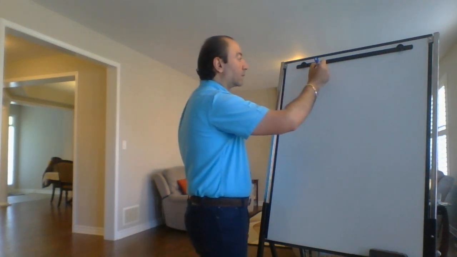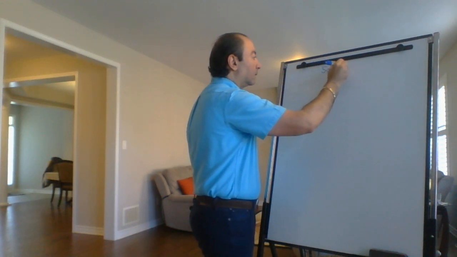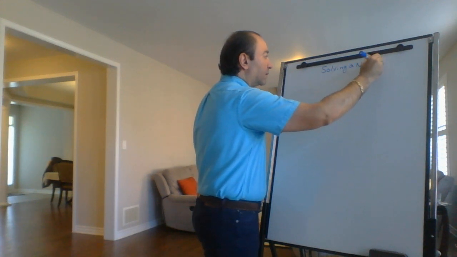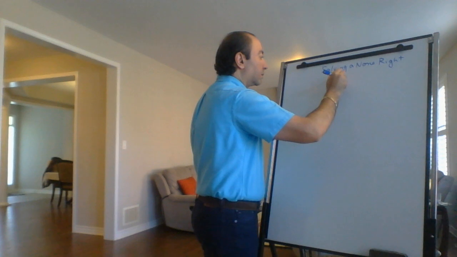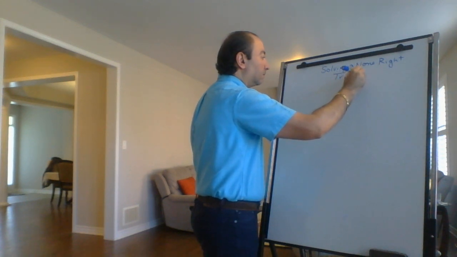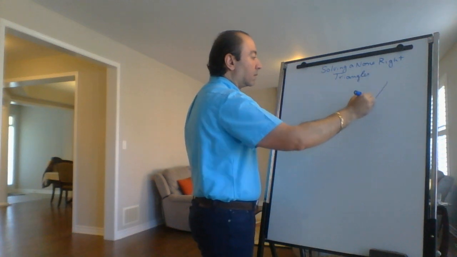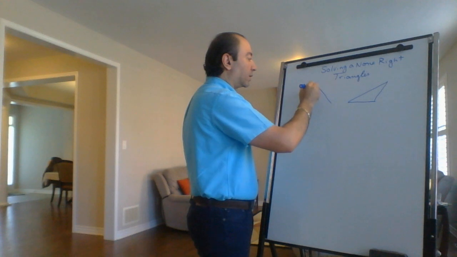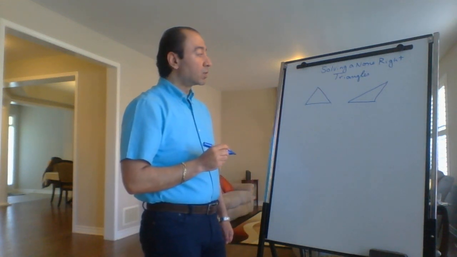Today we're going to continue solving non-right triangles. So we have a triangle that's obtuse or acute, when there is no right triangle, how can we solve those triangles?